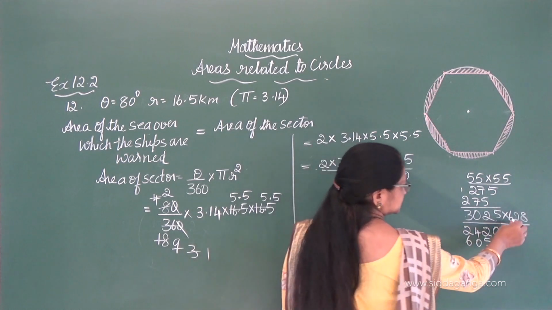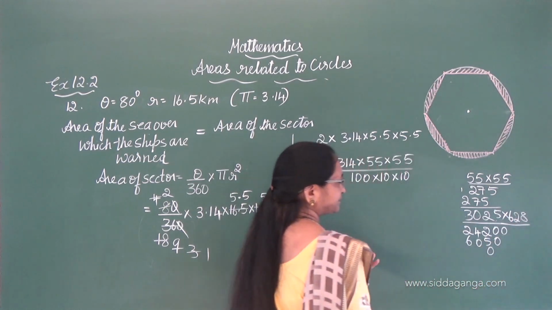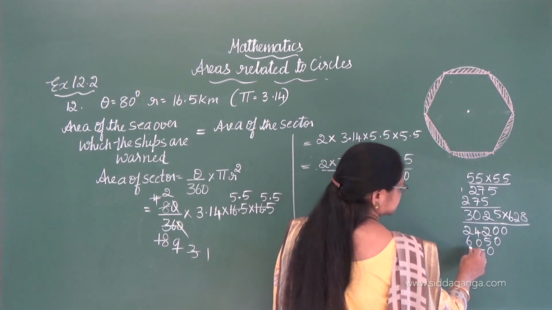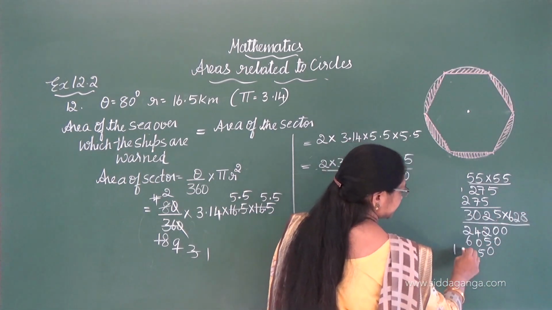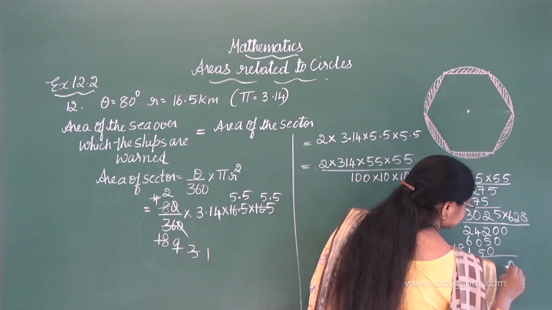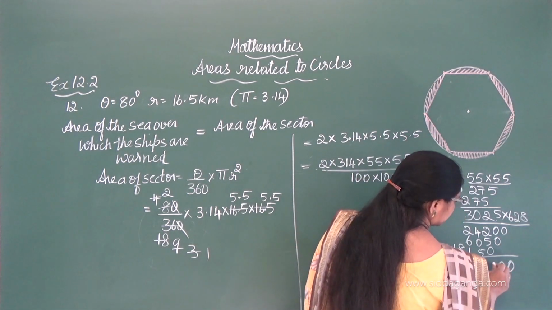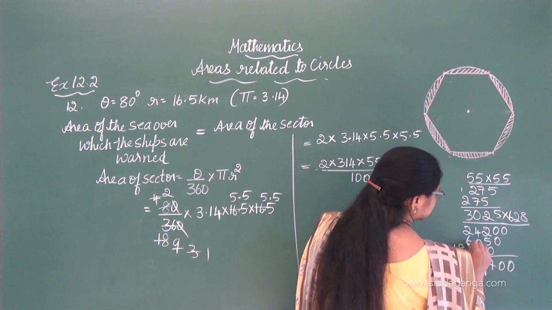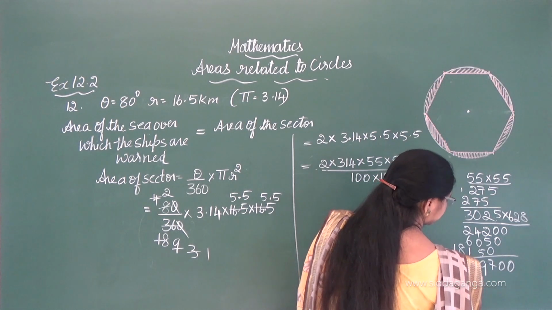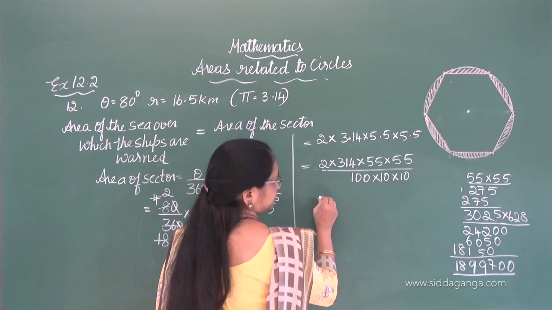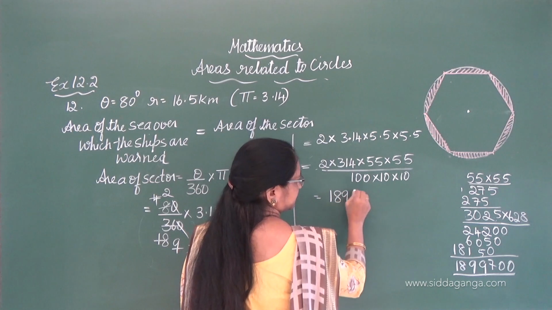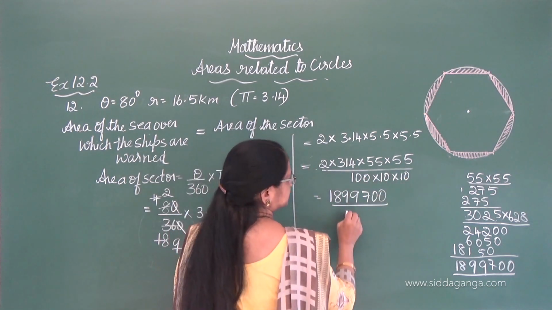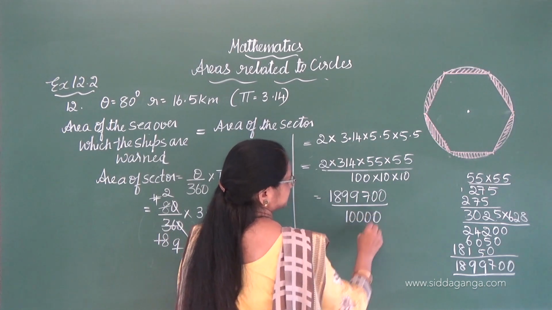Next, 3 5s are 15, 3 2s are 6, 3 zeros are 0, 3 3s are 9. Adding these, we got 949850 divided by, see here, 1 2 3 4 zeros, correct.